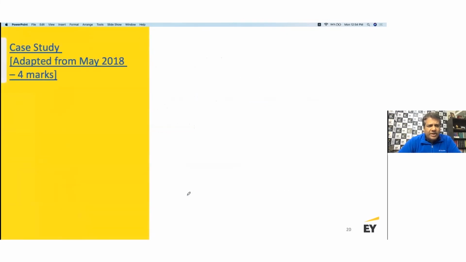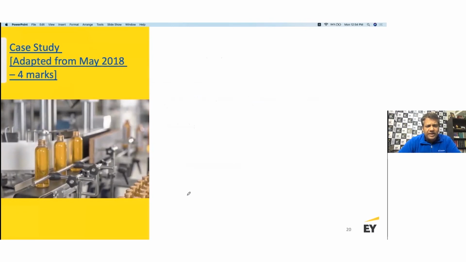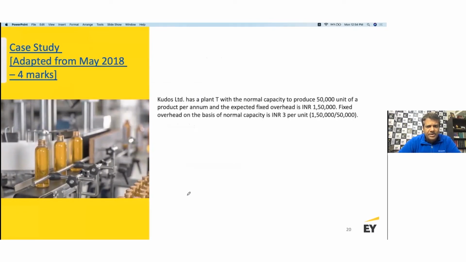So let's do a case study, which is again adapted from your May 2018 examination. Kudos Limited has a plant T with the normal capacity to produce 50,000 units of a product per annum. Expected fixed overhead is INR 1,50,000.